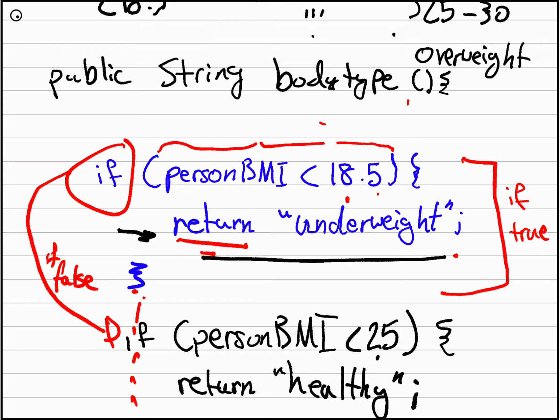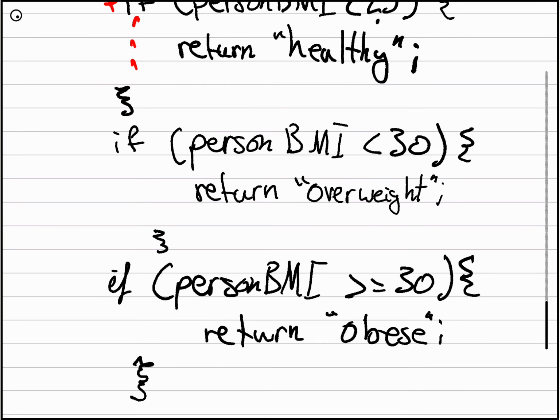Java right now will actually be upset and will give you an error, because there's a possibility that all these if branches are false, and then when I reach the end, I can't return something.